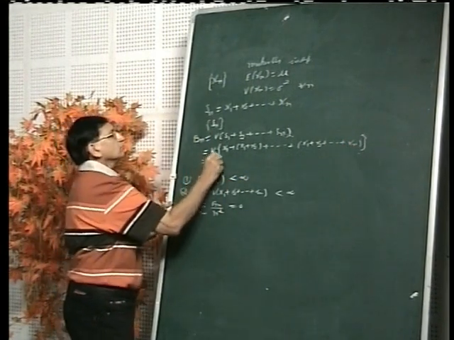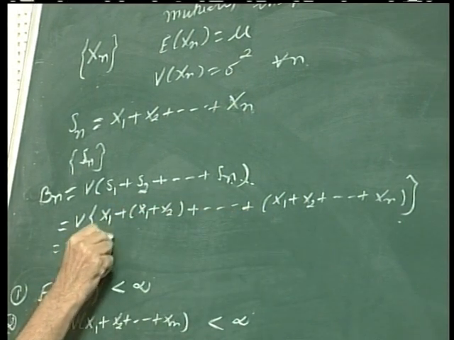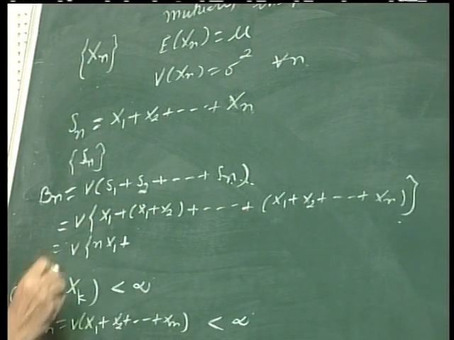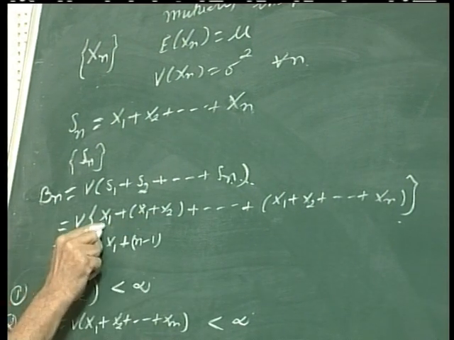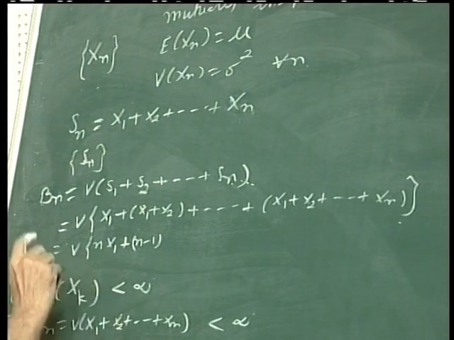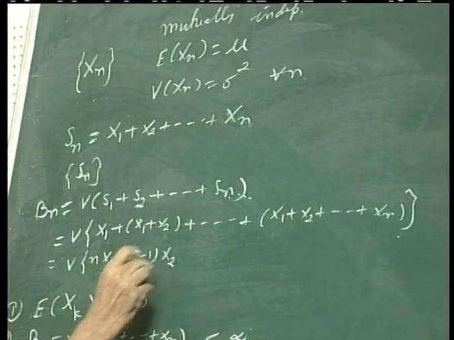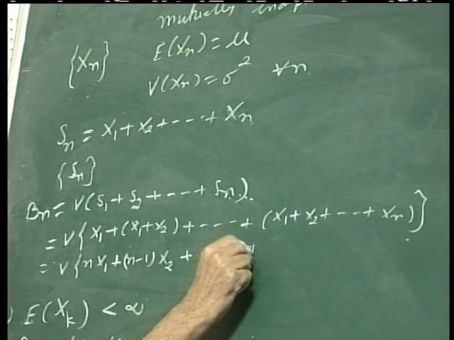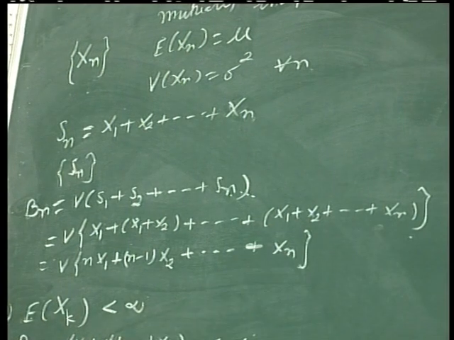So this is equal to the variance of n times x1 plus (n minus 1) times x2 plus etc. In the first bracket x2 appears n minus 1 times, and xn will be only 1 time in the last one.